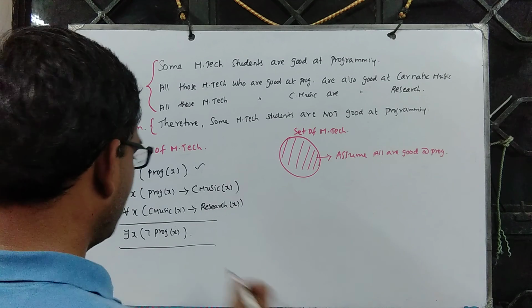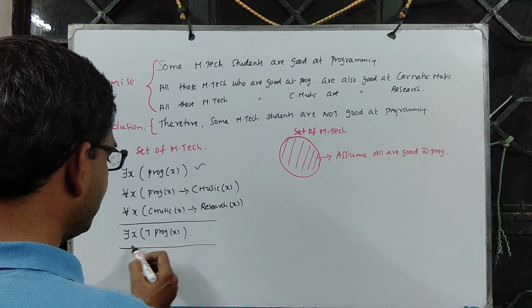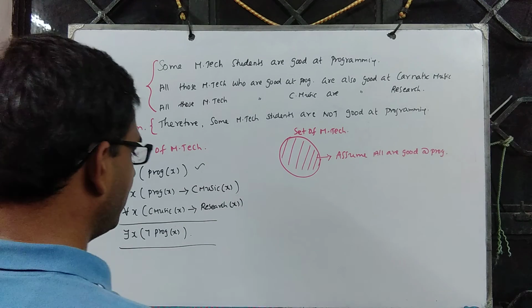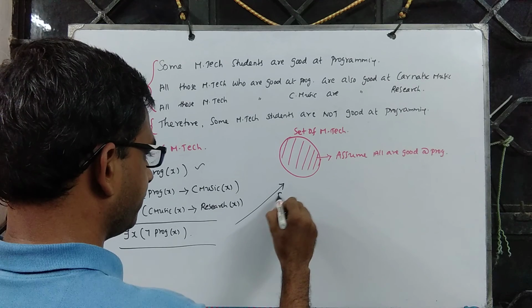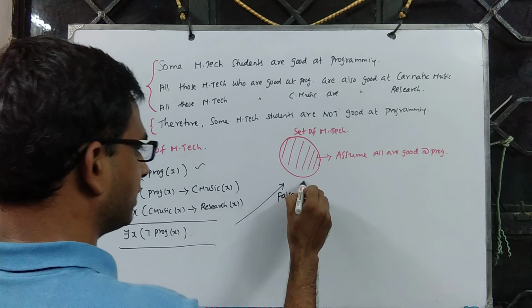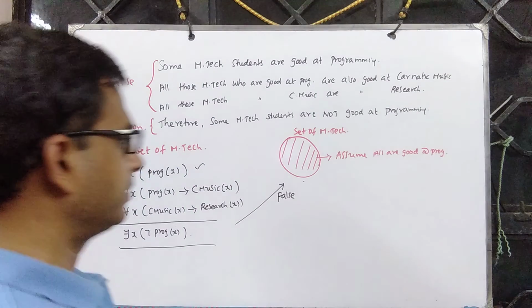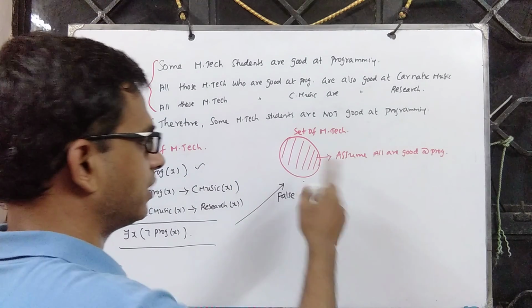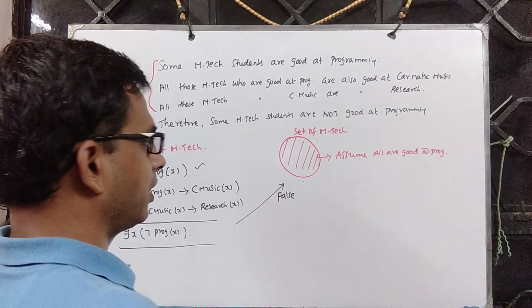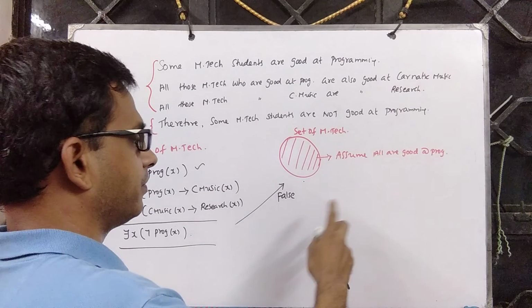Then concluding that there exists a student who is not good at programming is false. Here is a counterexample, a simple Venn diagram showing that all MTech students are good at programming. Such a picture is possible.